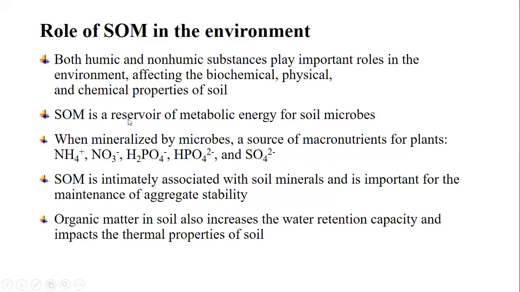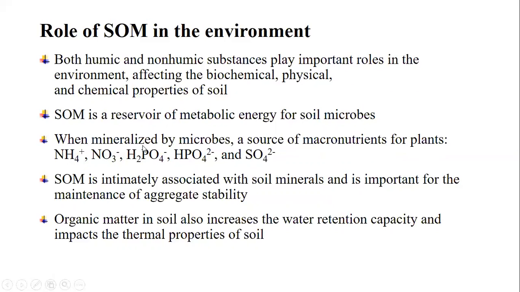So that means the soil organic matter is used by the soil microorganisms to obtain their energy from. When they decompose it, they obtain the energy they need for their metabolism from the soil organic matter. When mineralized by microbes, it is a source of macronutrients for plants.